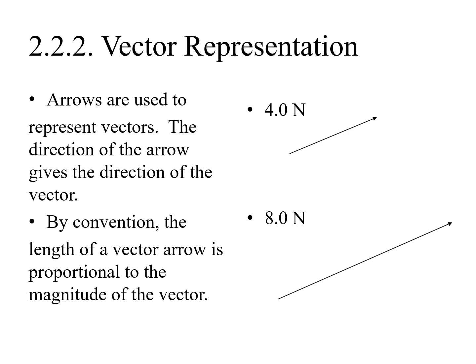Vectors are usually represented by arrows. The direction of the arrow shows the direction of the vector. The length of the arrow shows the magnitude or size of the vector. For example, suppose we are drawing force vectors.